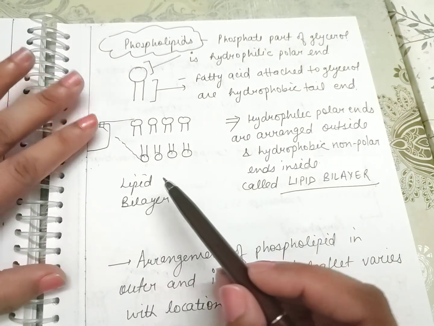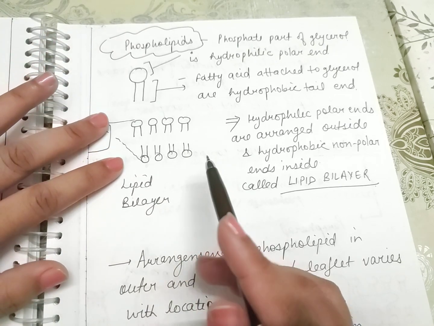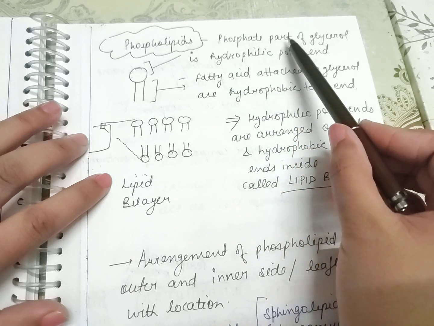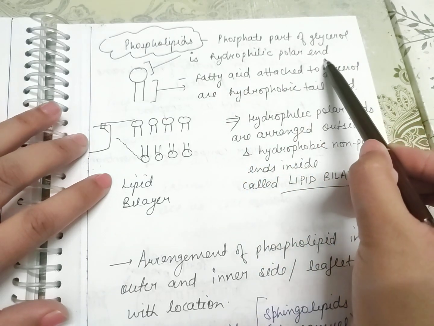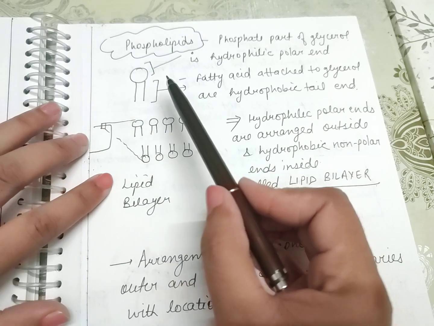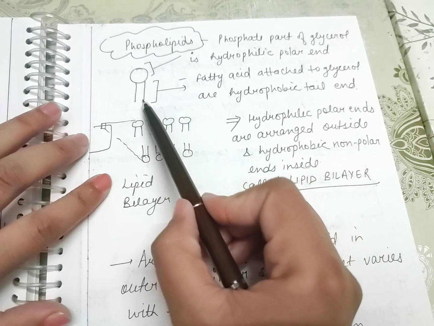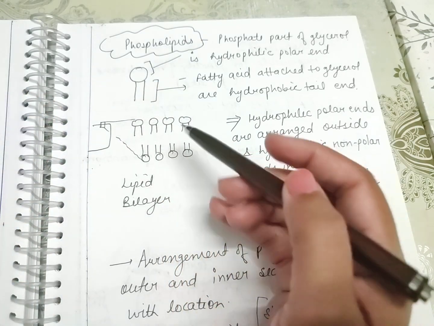The first most important part which you can't skip is phospholipid. The phosphate part of glycerol is the hydrophilic polar end. If you assume this is glycerol, fatty acids are attached to the glycerol and a phosphate group is attached to the glycerol.